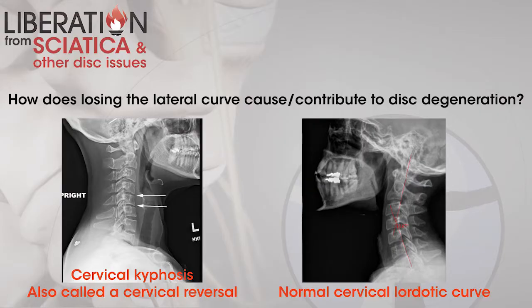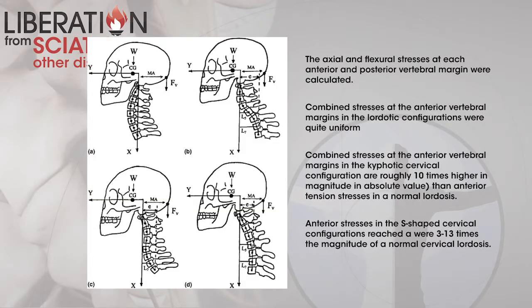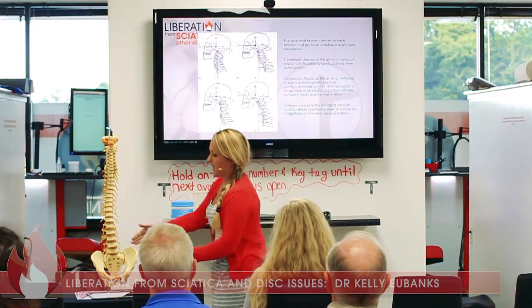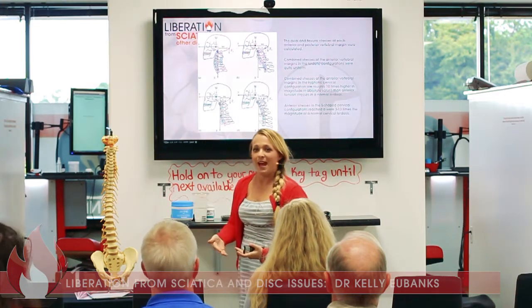All right. So, it's going to get a little bit complicated for just a minute. This is a study that explains how a loss of cervical curve contributes to degeneration in the cervical spine or even the lumbar spine. The lumbar spine is the same concept. You want that good C-shaped curve. We're talking about sciatica.